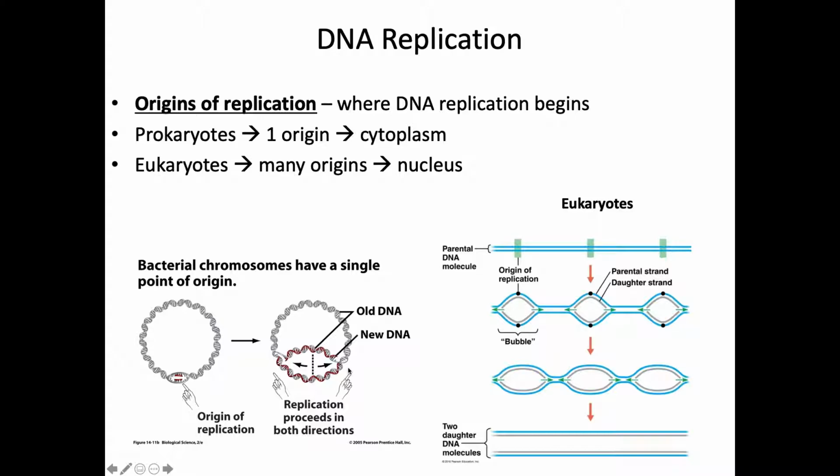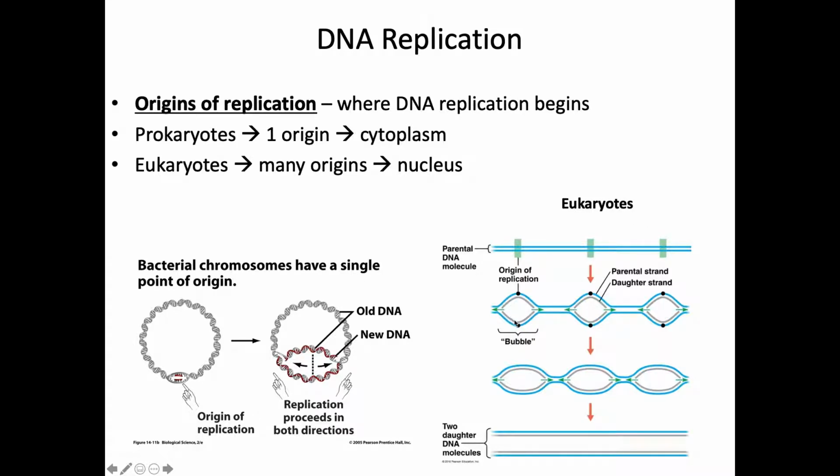In prokaryotes, DNA replication occurs in the cytoplasm, or that nucleoid region, because they don't have a nucleus. Whereas in us, eukaryotes, DNA replication occurs in the nucleus because that DNA never leaves the nucleus.